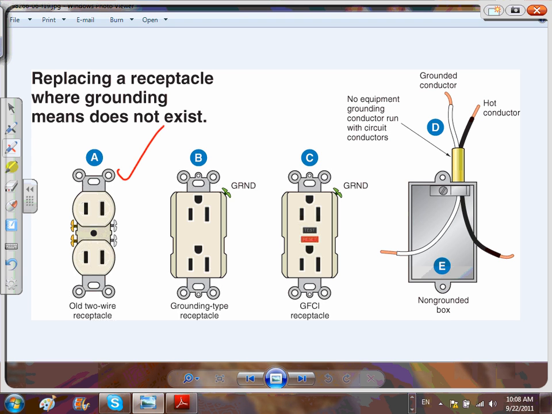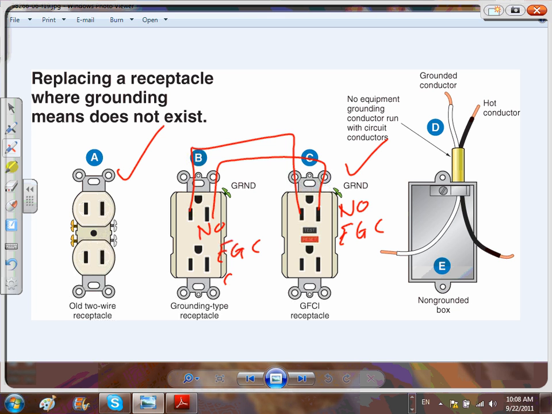It's just non-ground. I can use GFCI, but I have to say no equipment grounding conductor, or I can feed this one from a GFCI. They allow you to feed this from a GFCI, and you have to write then no equipment grounding conductor and GFCI protected.